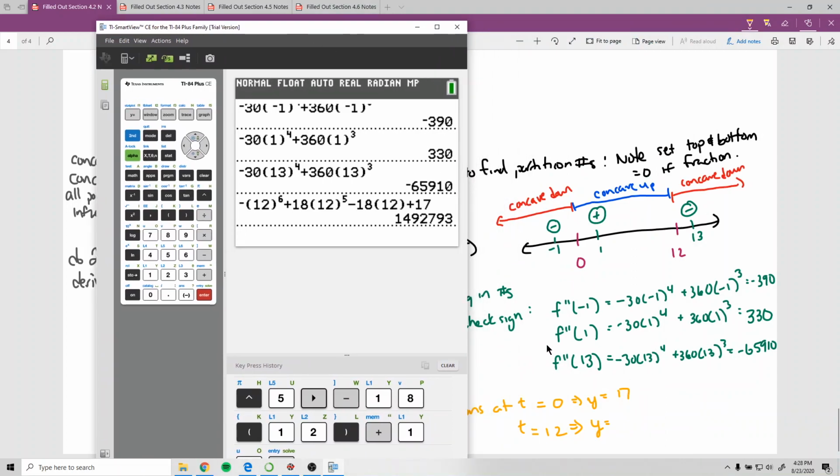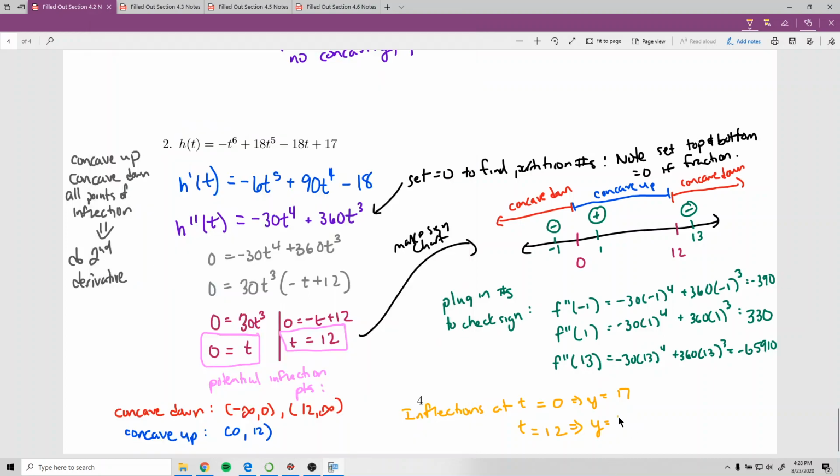Definitely wouldn't want to try to do that by hand. 1,492,793. And you could not imagine trying to find the inflection point on this graph. And just from this number being so big, I would guess it's like the other one. It's so steep that you wouldn't be able to see it.